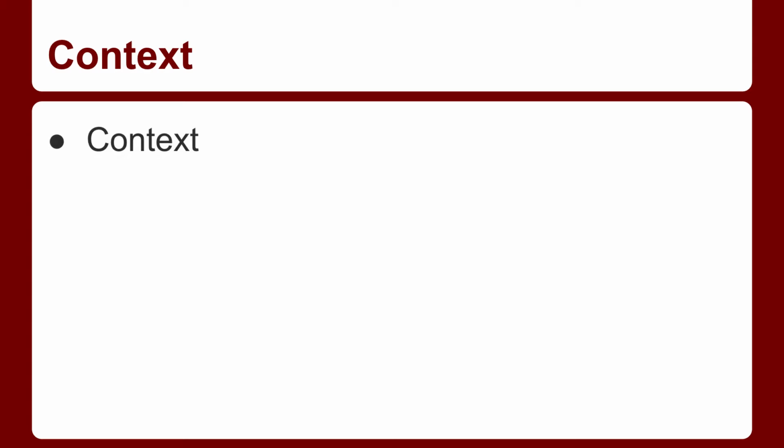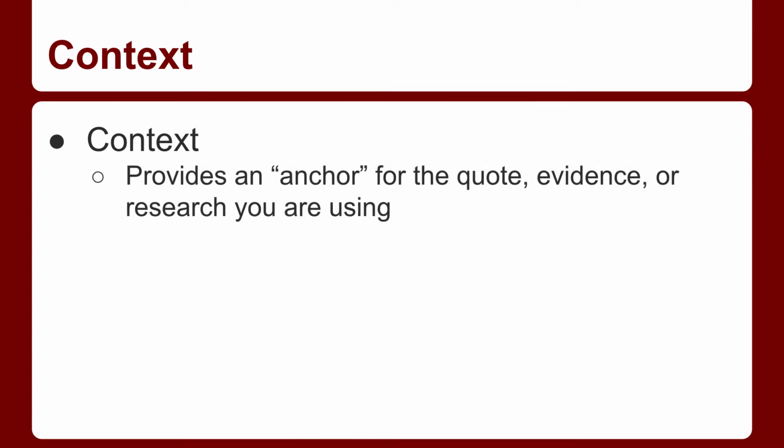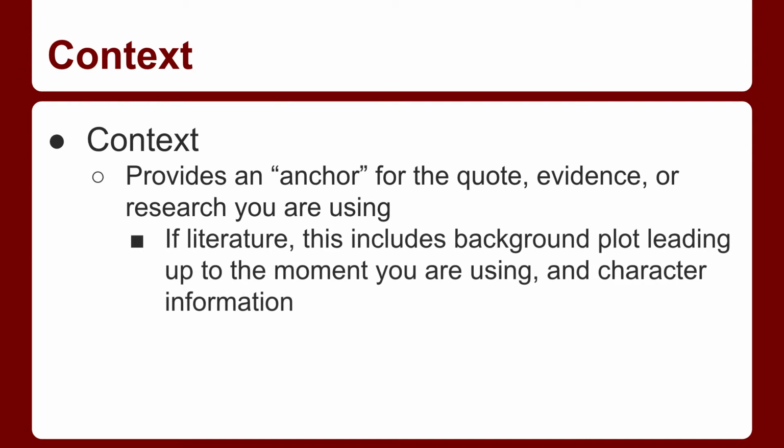The next one is context. Now, context, I always say, provides an anchor for the quote or the evidence or the research that you're using. Meaning, if it's literature like this is, it includes the plot background leading up to the moment that you're going to use to show that intelligence and skill wins out over physical strength and power, or character information.